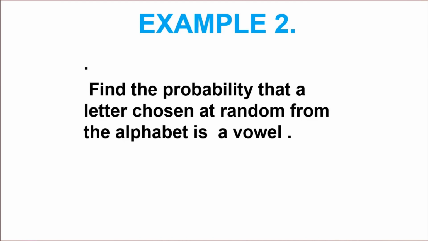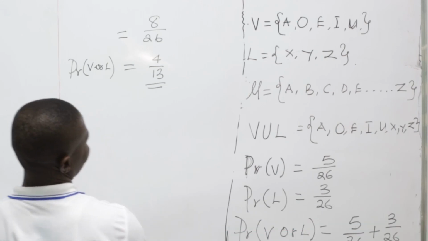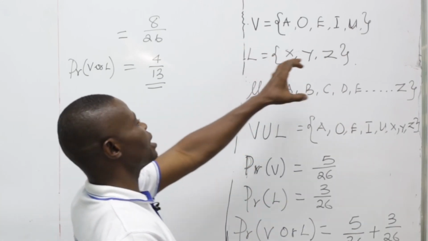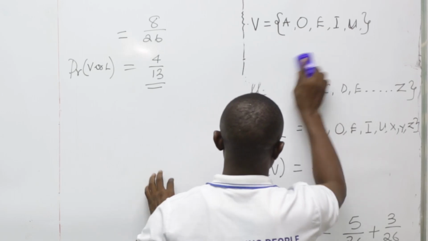Question number 2. Find the probability that a letter chosen at random from the alphabet is a vowel. We have listed the vowel sound from the first question.